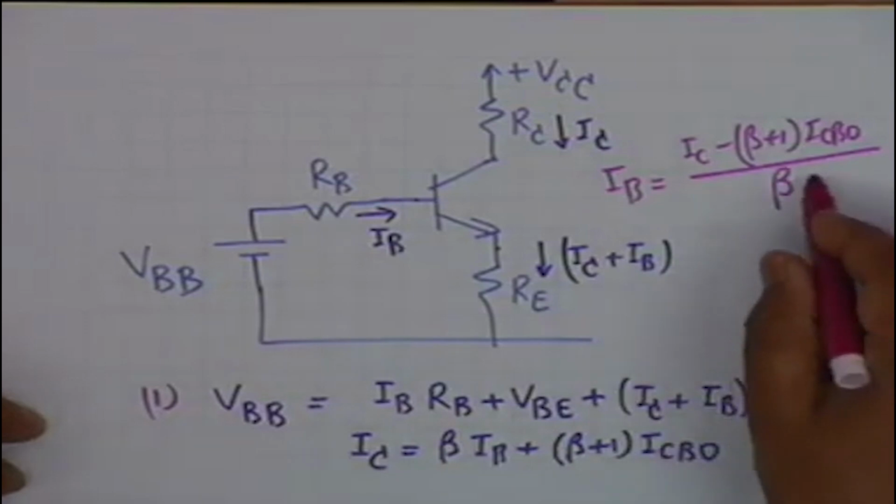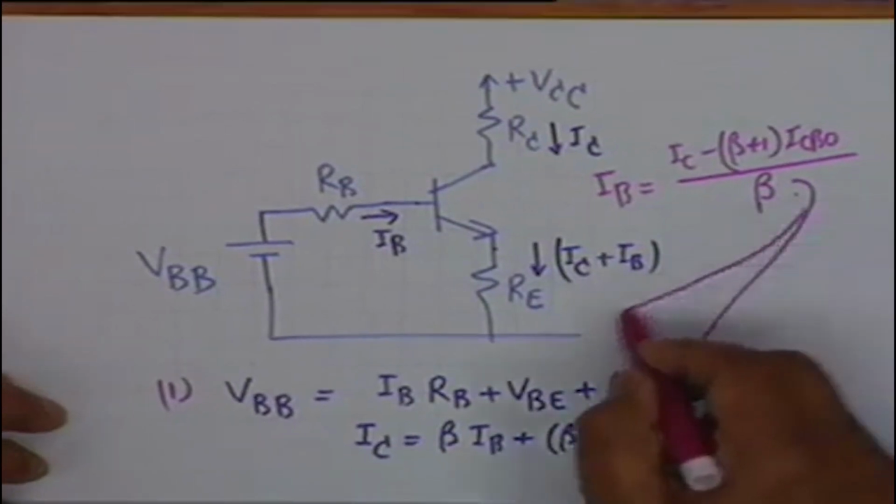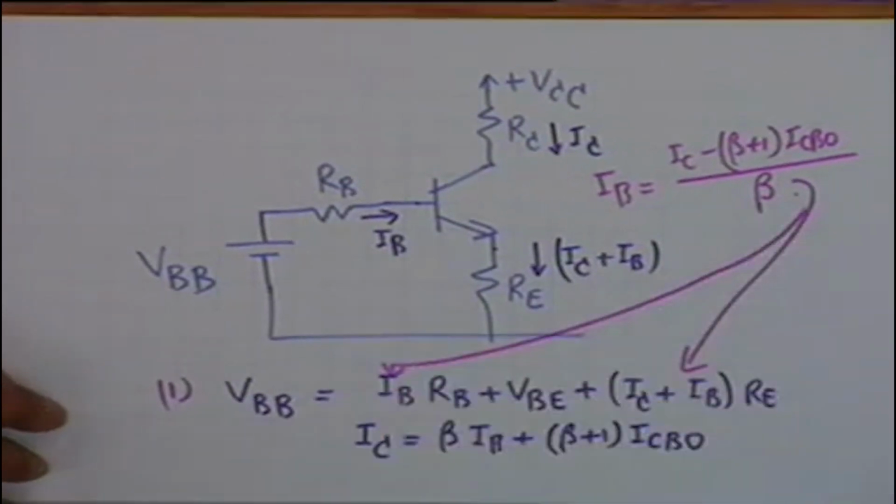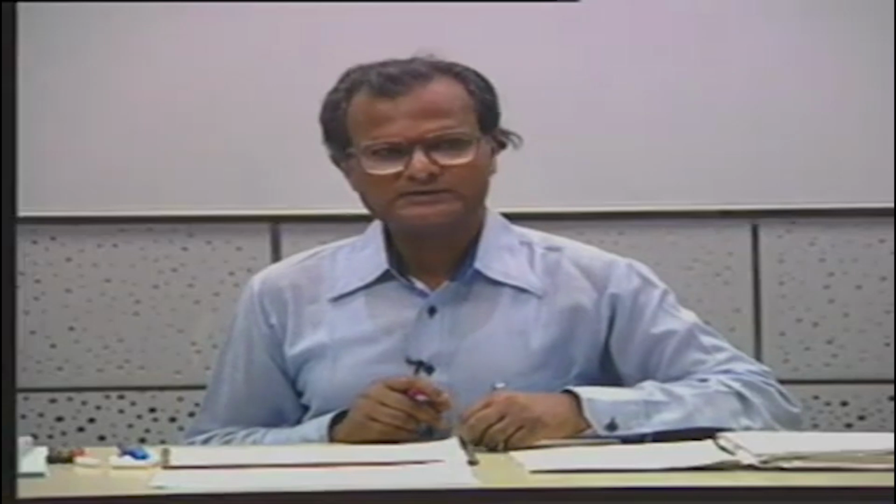Alright, I replace this here and also here. Then I can simplify the algebra and obtain an expression for the collector current I sub C. The result after this algebra, which I shall skip, is as follows.